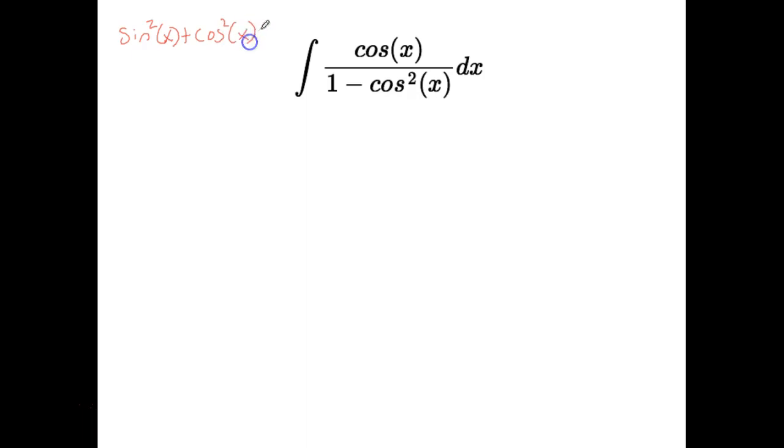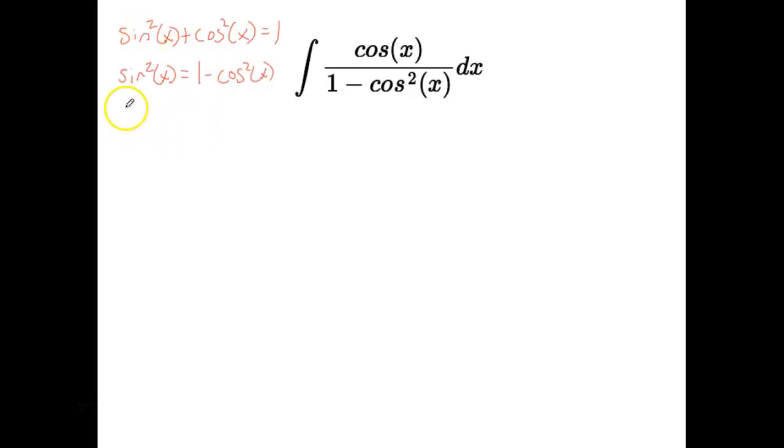It's the most important trig identity, in my opinion, for the calculus course. Sine squared plus cosine squared is equal to 1. So that means you can move one of these over, kind of like how I have 1 minus cosine squared. Let's move the cosine squared over by subtracting it. So that means that sine squared is equal to 1 minus cosine squared.